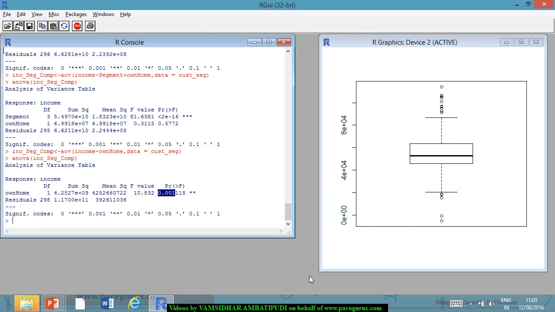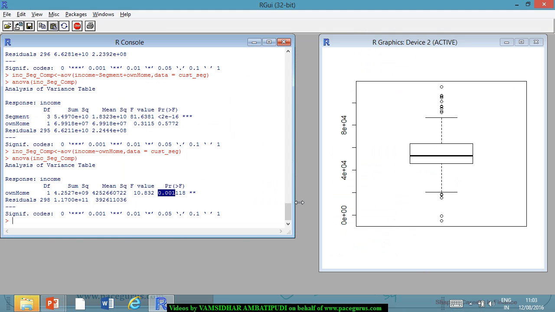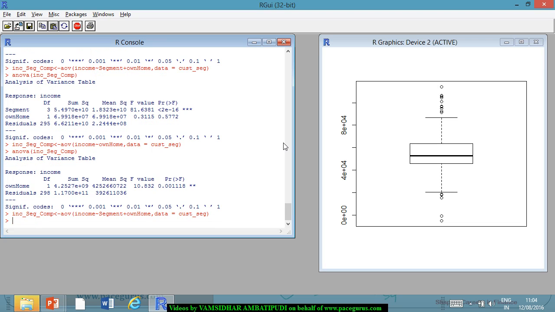But let's say I want to club both of them. That is where I have done the earlier part, where I have clubbed both of them to see which one is more important out of the two, or are both of them equally contributing. So that is where I have joined them with a plus sign.